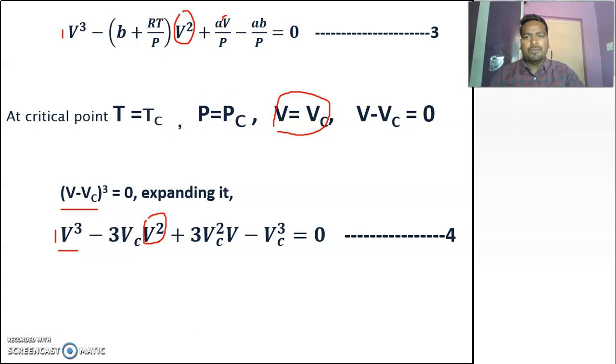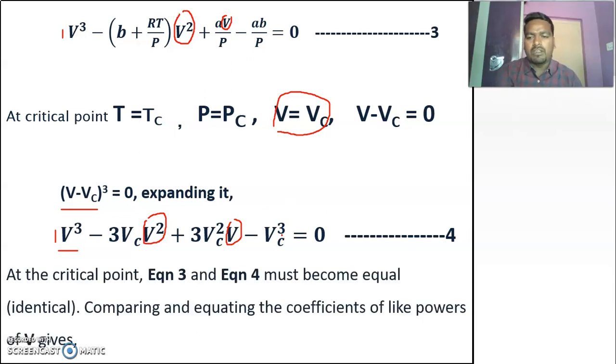The coefficient of V in equation 3 is A divided by P, and in equation 4, 3Vc square is the coefficient. And these are the constants: AB by P is equal to Vc cube.